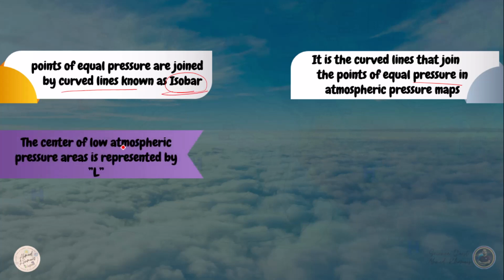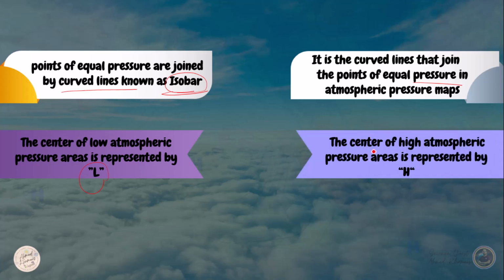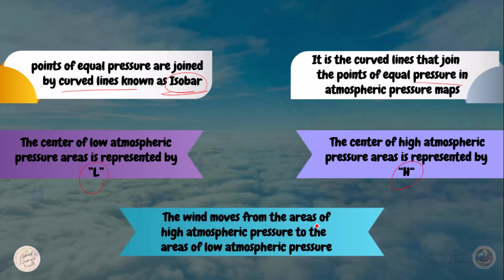The center of low atmospheric pressure takes the letter L. The area of high pressure takes the letter H. And the wind moves from areas of high pressure to areas of low pressure.